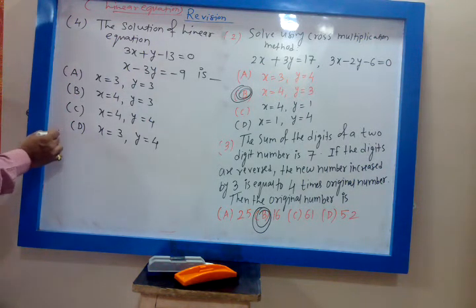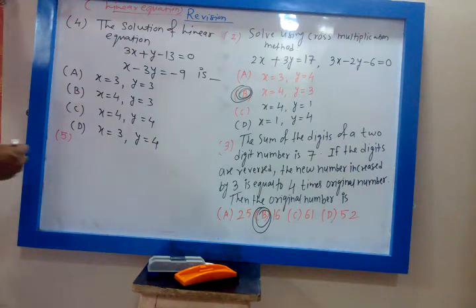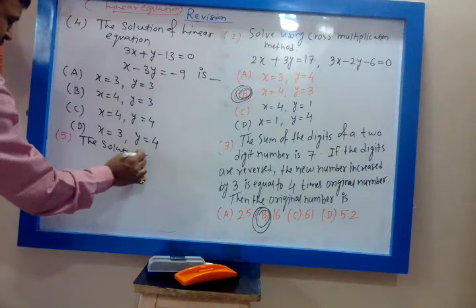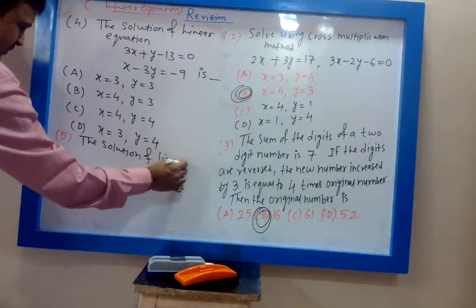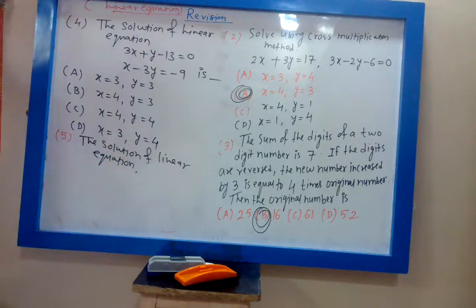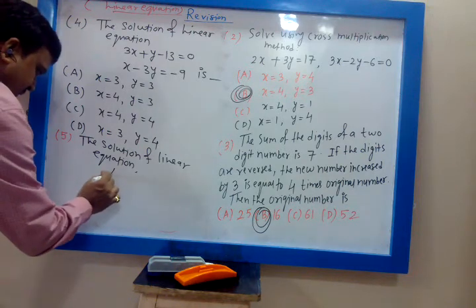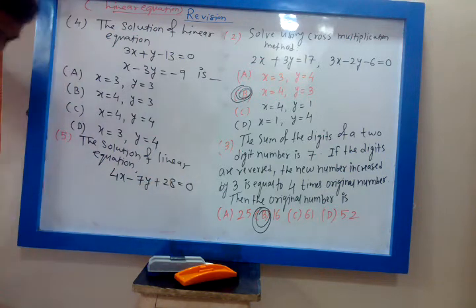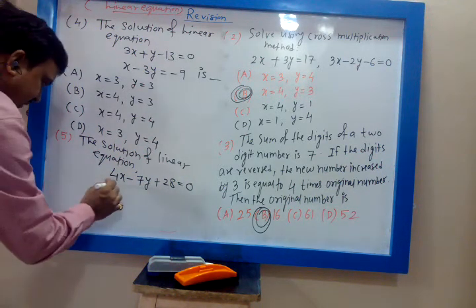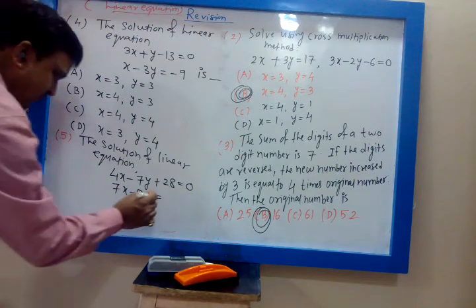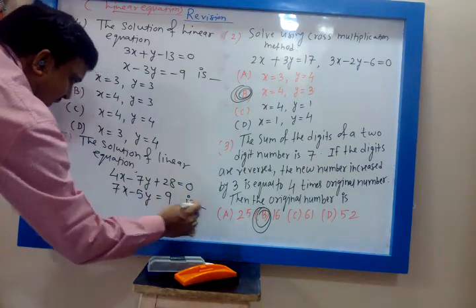Then fifth one, the solution of linear equations 4x minus 7y plus 28 is equal to 0, and 7x minus 5y is equal to 9 is.